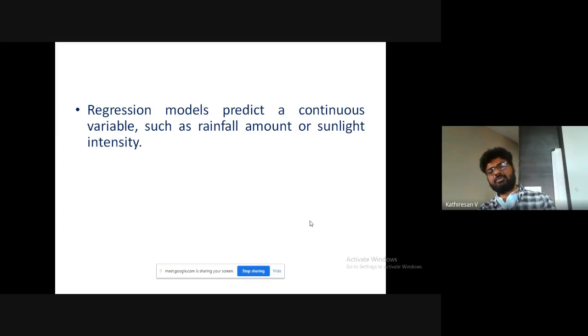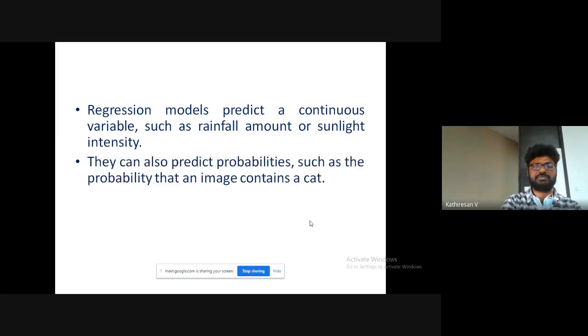A regression model predicts a continuous variable such as rainfall amount, sunlight intensity, like this. Also, a few regression models can predict probability values. Based on the probability value, we can take it for classification. If the probability is low, it is class 0; if the probability is high, it is class 1.